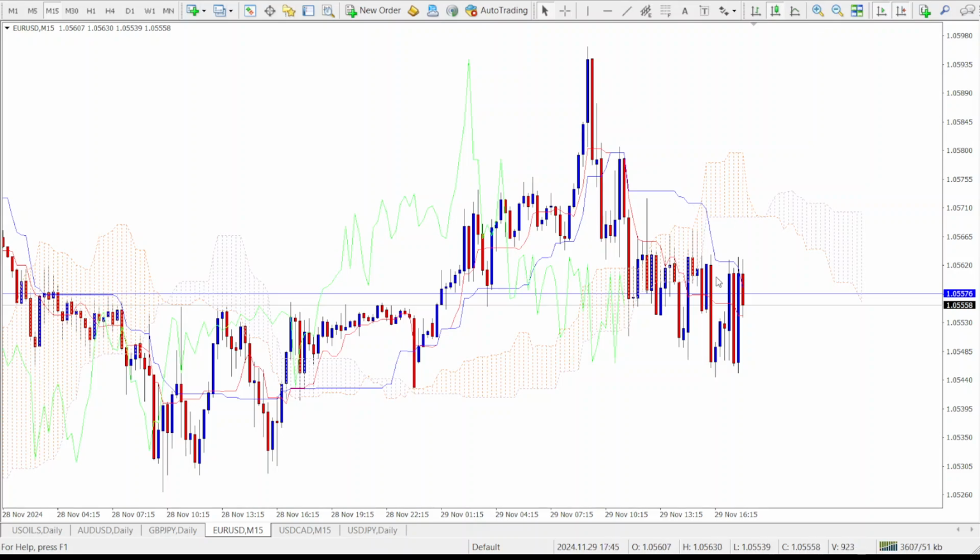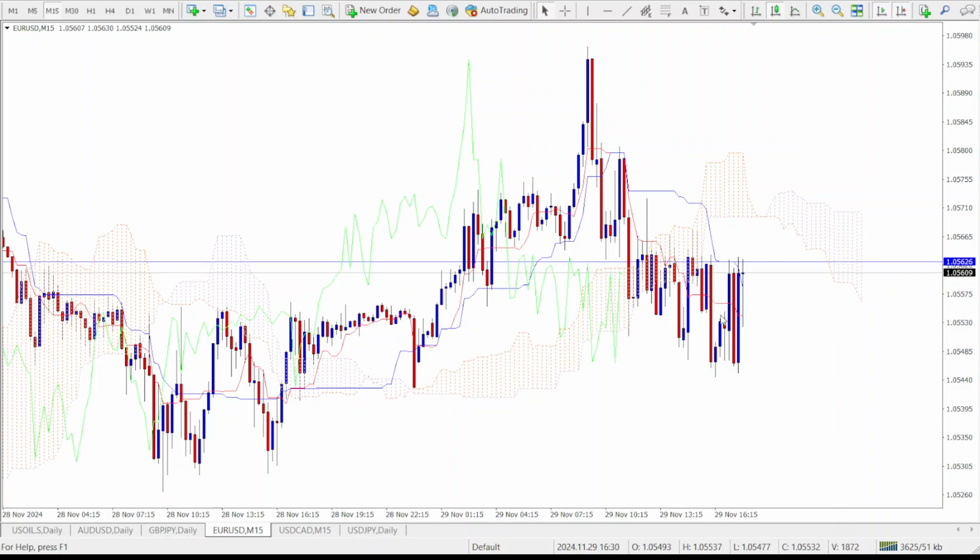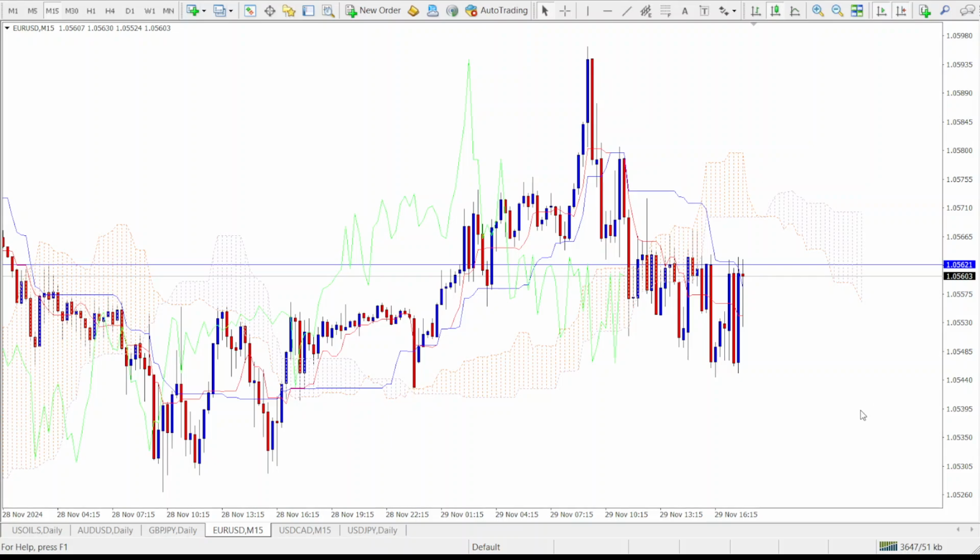If the price is below the Senkou Span A, it suggests a bearish trend, indicating a downward market. But here's the real power of Senkou Span A. It's plotted ahead of the current price, like what we can see here, so this allows you to anticipate the market's future direction and adjust your trades accordingly.